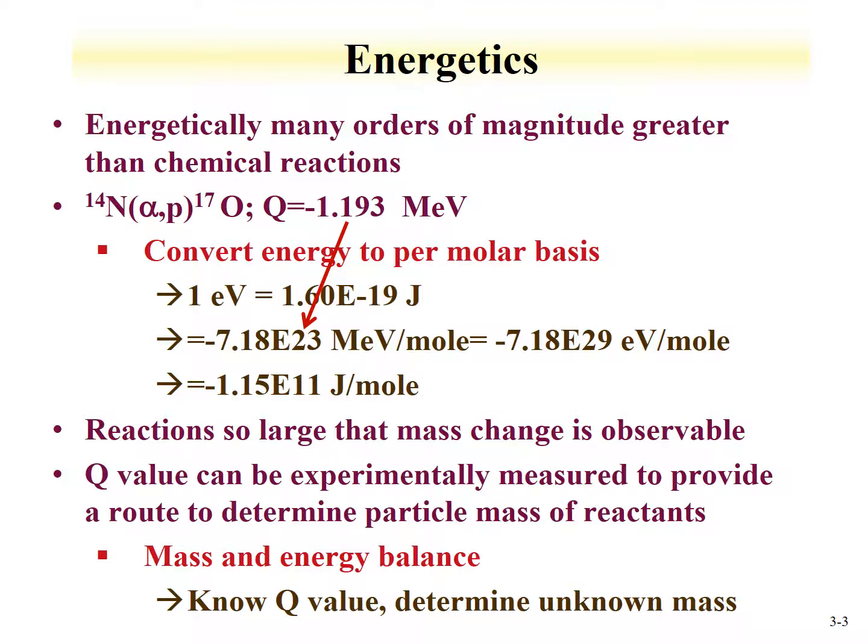Just the order of magnitude of this reaction is very large compared to what you would find in a chemical reaction. And these reaction energies are so large that mass changes can be observed. And since these mass changes can be observed, as one can evaluate the Q value of a reaction by making a balanced term, you can determine unknown masses that are produced in a reaction.